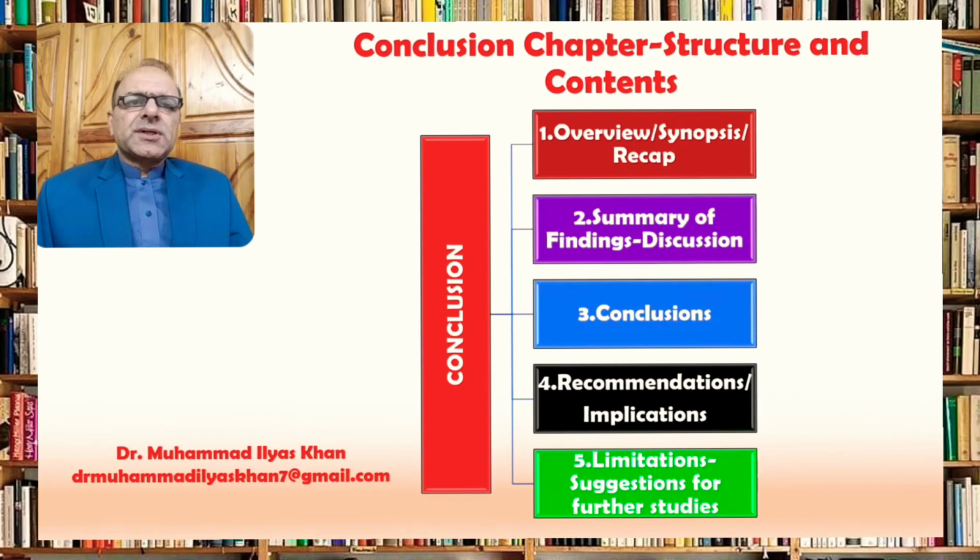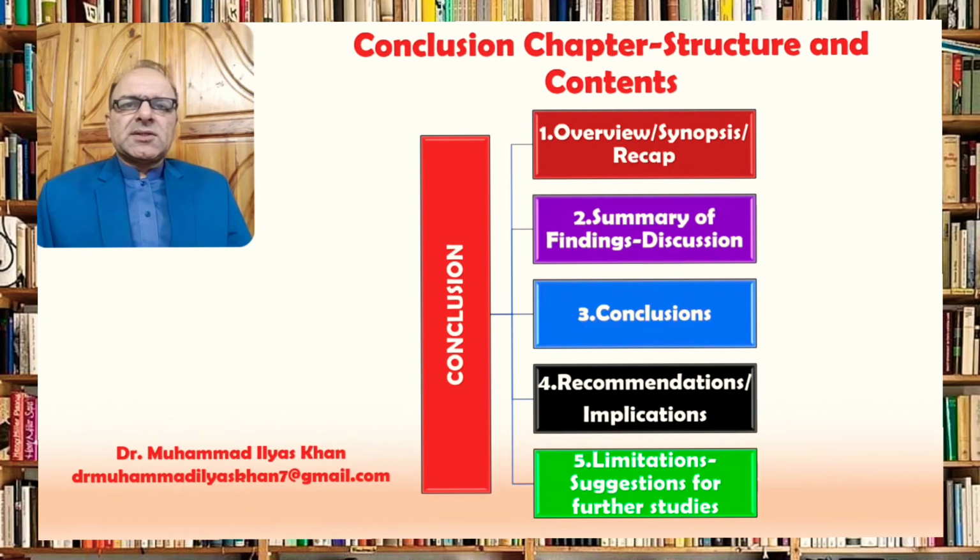Then comes the recommendations section, or in some cases this section might also be called the implications section. Generally in quantitative studies, researchers come up with recommendations based on the findings because there is more concrete evidence for recommending things.